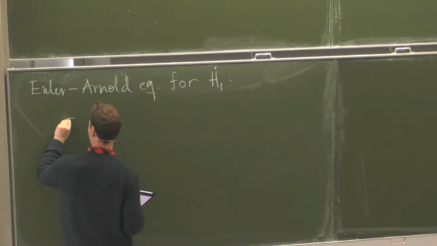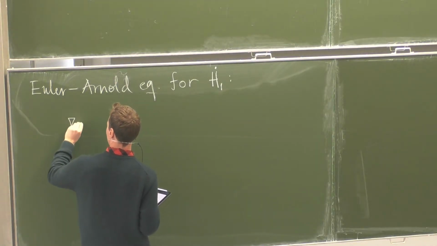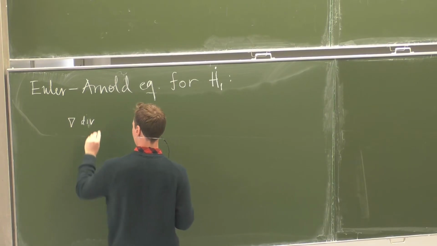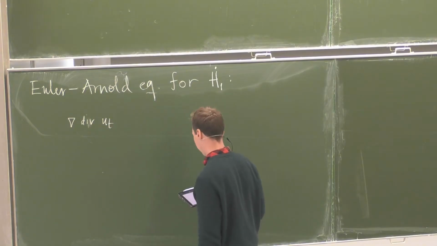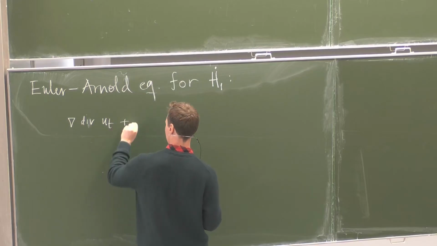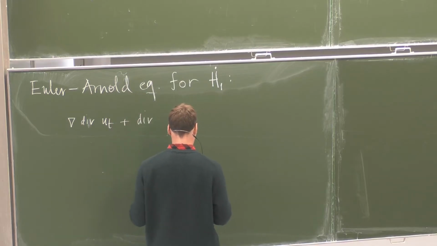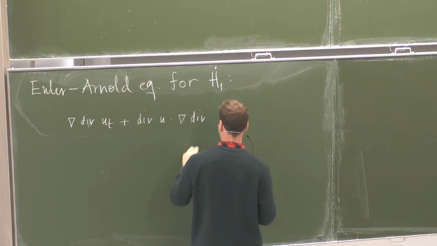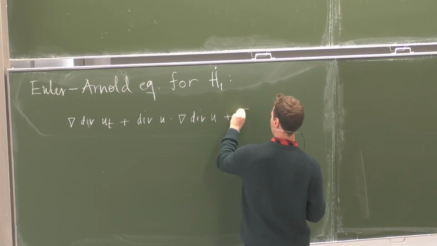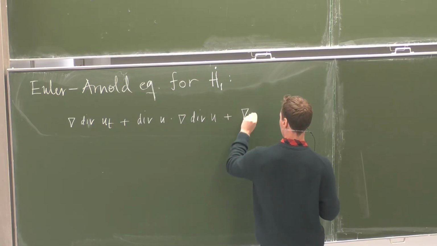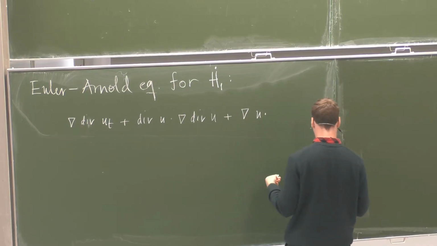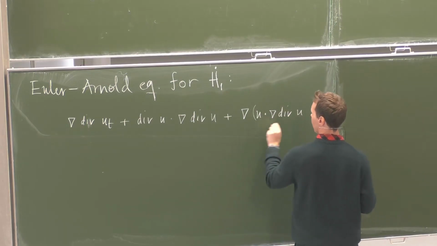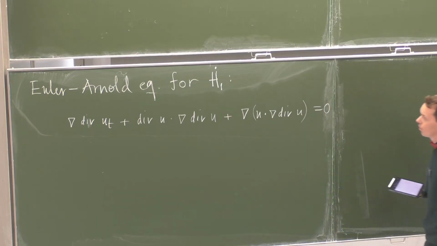One way of writing it is like this: grad div of the vector field u, with a time derivative on it, u_t, plus div of u times grad div u, plus gradient of u paired via the metric with grad div u, equals 0. This is the Euler-Arnold equation.